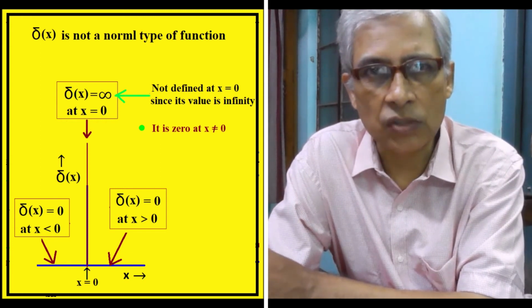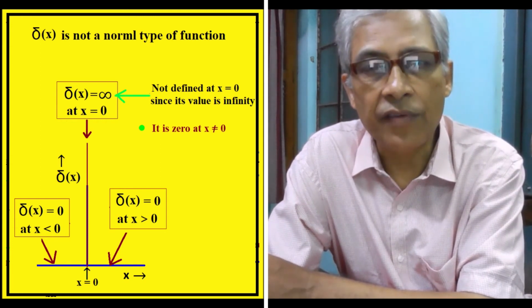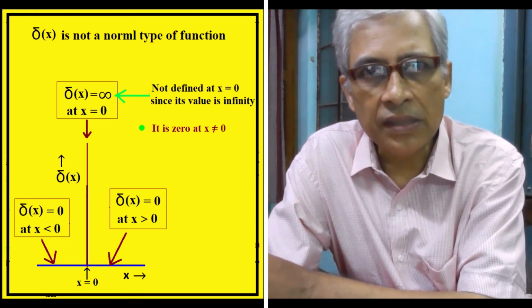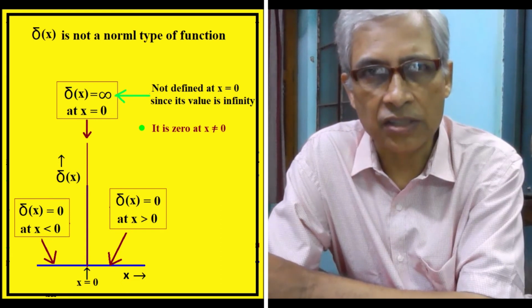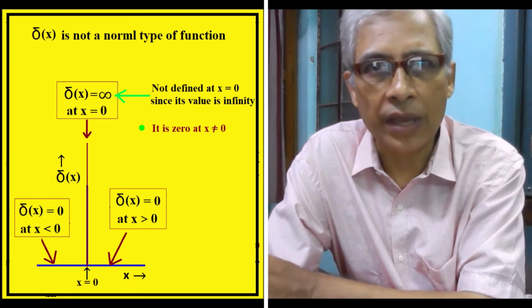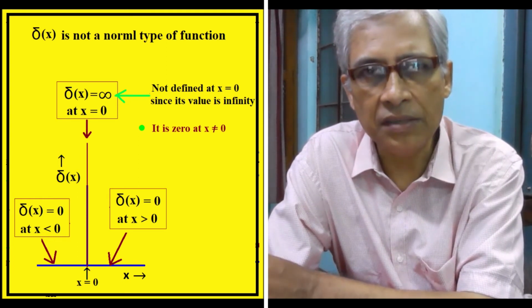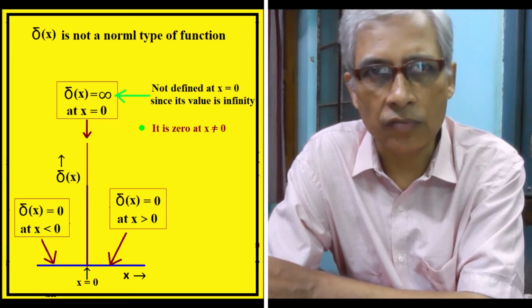And thus physics always avoids, in fact carefully avoids, infinity. In this Dirac delta function case, we have a way. We can avoid infinity because of the clever choice we have made in the very beginning of the lecture.